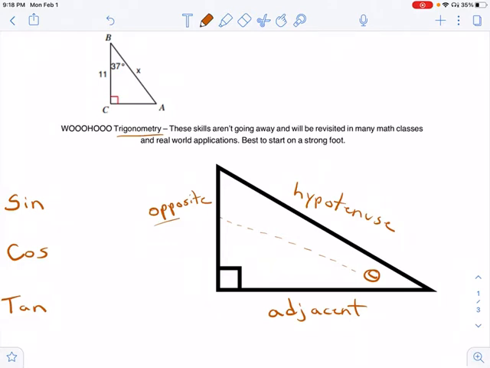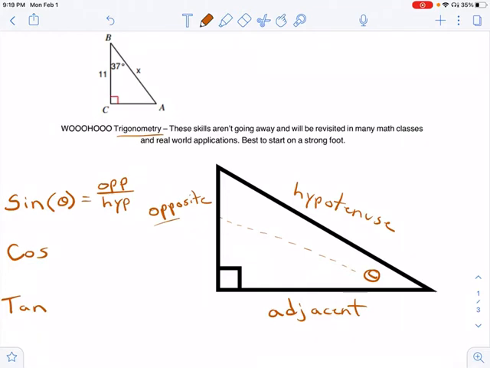And what my calculator can do is, if I feed sine an angle, or if I say, hey, calculator, find the sine of 30 degrees, it's going to tell me the ratio of the opposite side divided by the hypotenuse, because that's going to be a fixed value.